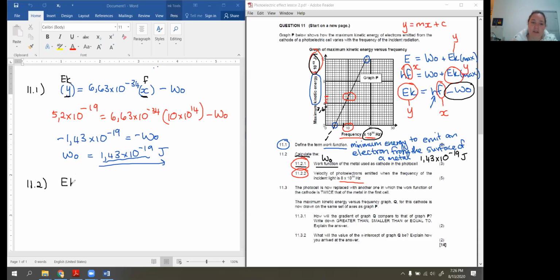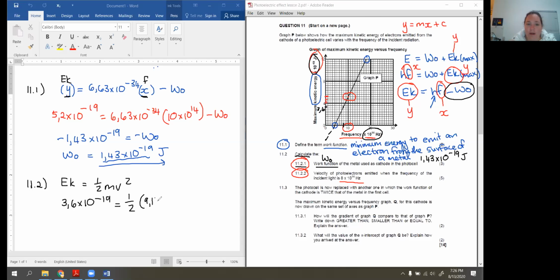And you can say, well, the kinetic energy is a half mv squared. The kinetic energy, according to what I see here, is 3.6 times 10 to the minus 19 joules, which is equal to a half times the mass of an electron. You need to go and look for this. It is on your formula sheet.